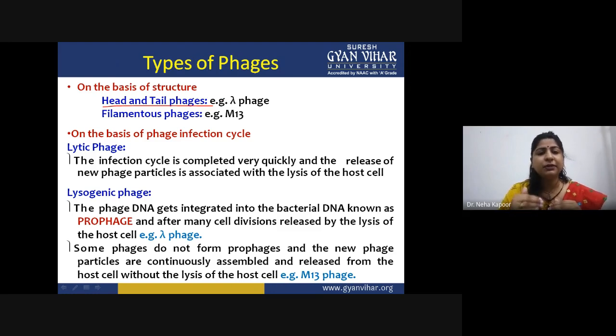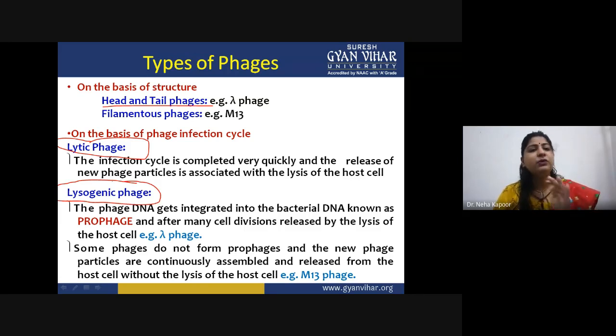So on the basis of structure there are two types. Now, on the basis of infection cycle, there are two types of life cycle that phages mostly undergo: one is lytic, and another is lysogenic. First of all, we need to understand what lytic and lysogenic mean. Lytic, as the name suggests, involves lysis. The word lytic is derived from lysis.